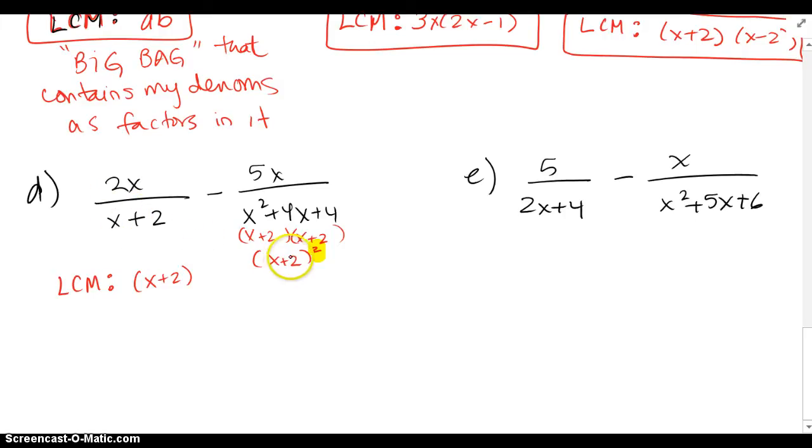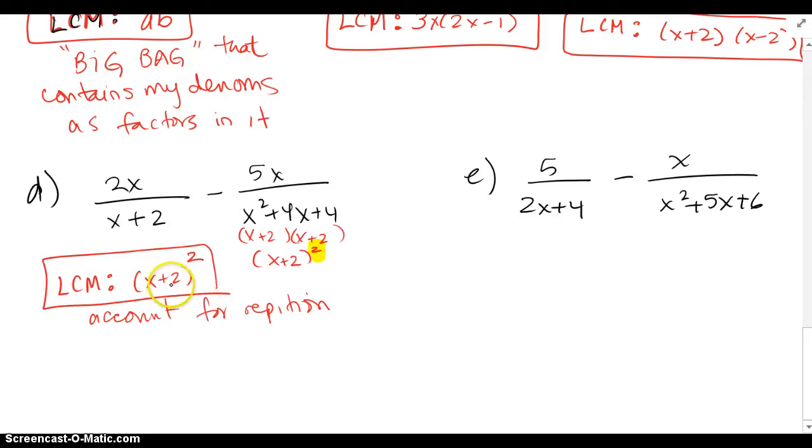Then I see that factor here again repeated, and I have to account for that repetition, which means the highest exponent I see is 2, so my LCM is x plus 2 and another x plus 2. Again, it's a big bag that contains the first x plus 2, and it also contains two identical x plus 2's to account for the second denominator.